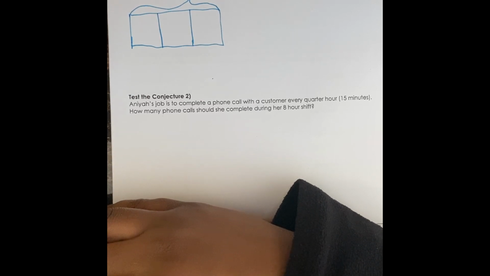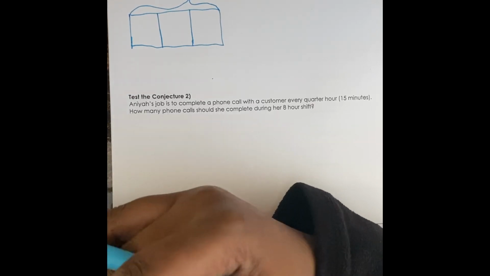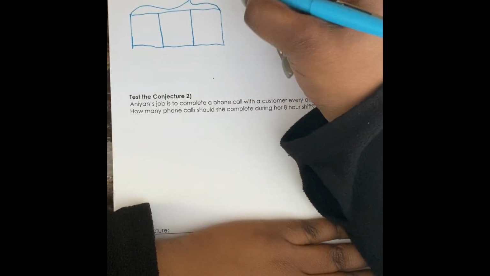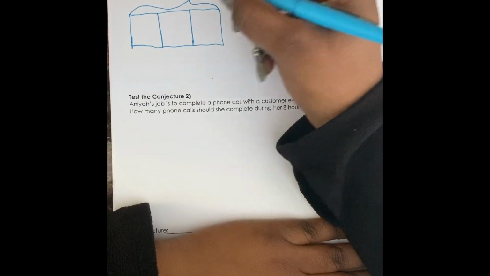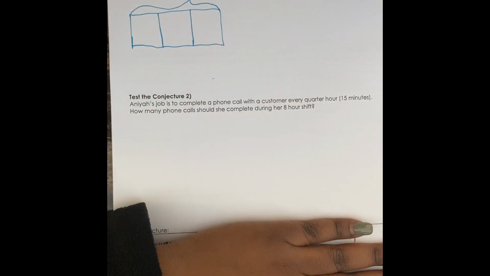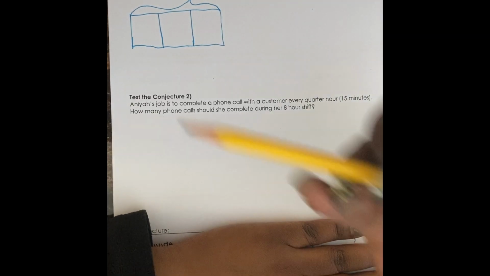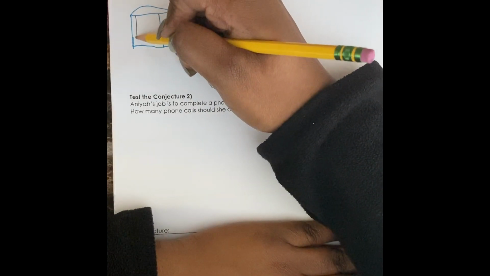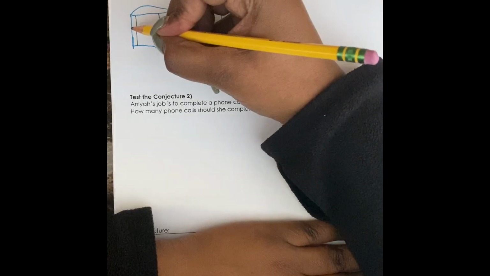We are going to take the denominator of that unit fraction and break down each of our pieces. So as you can tell, our denominator here is 5. We are going to break down each of our pieces into 5 smaller pieces. So here we go. I'm just going to use a different color so you guys can tell.